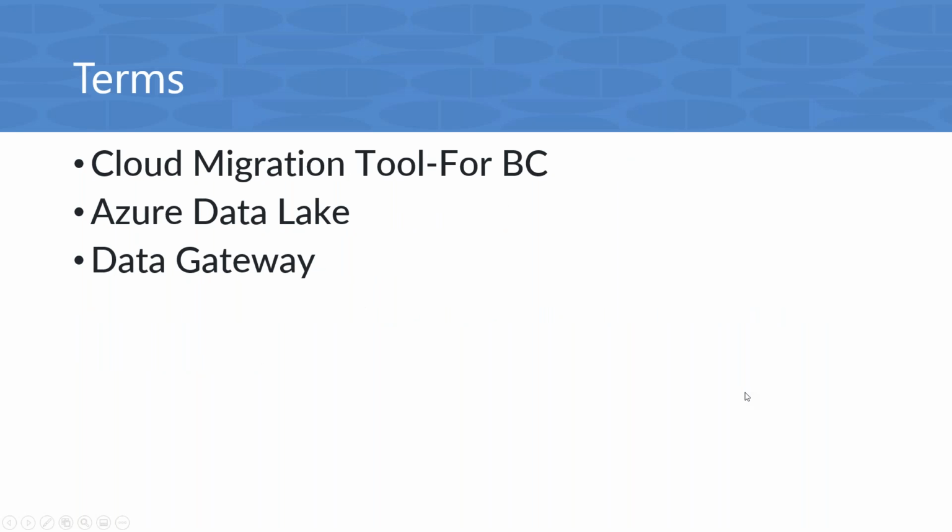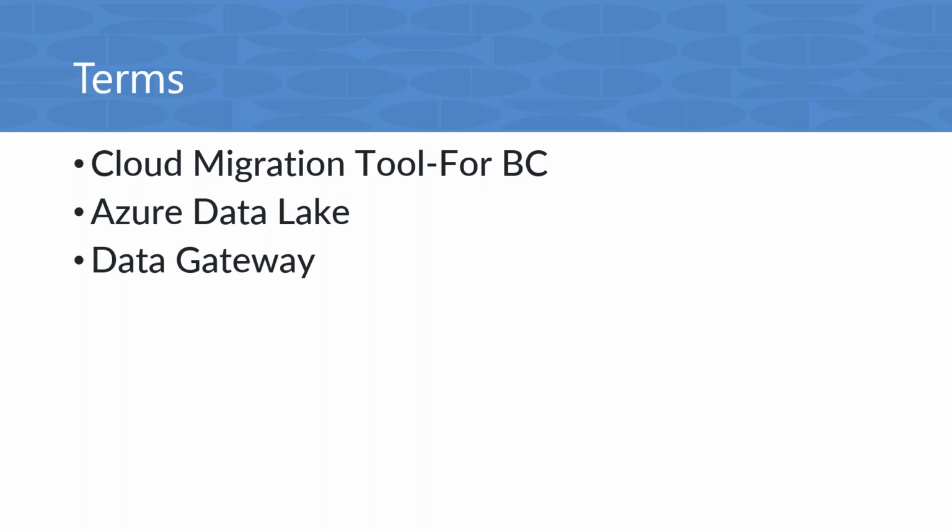All right, so let's talk about a few terms. One that we're going to talk about today is something called the Cloud Migration Tool. Now this is specifically for Business Central. So if you're already considering moving to NetSuite or, like I said, Intacct, Acumatica, one of those types of tools, then this tool doesn't really do much for you, because this is really only something that Microsoft has done for Business Central.